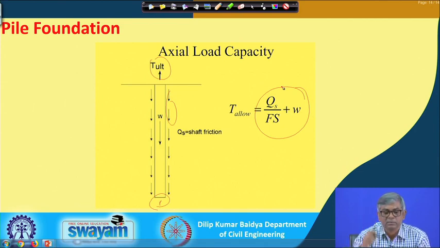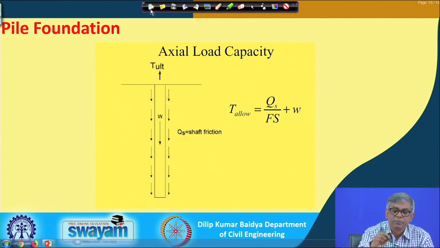So, we will not discuss this much, because 99% of the time piles are used for axial compressive load. So we will concentrate on how to estimate the pile capacity for compressive load. Let me go to the next slide.